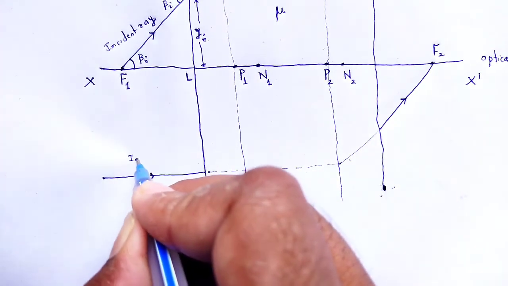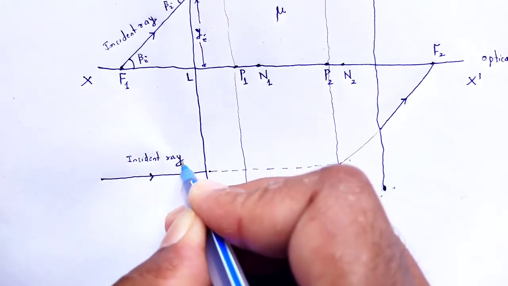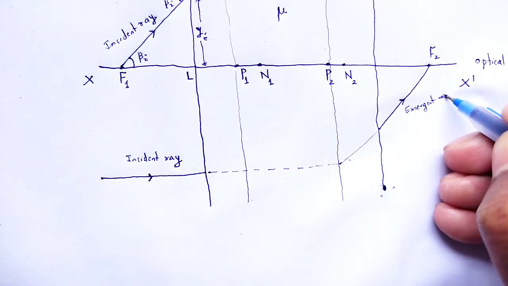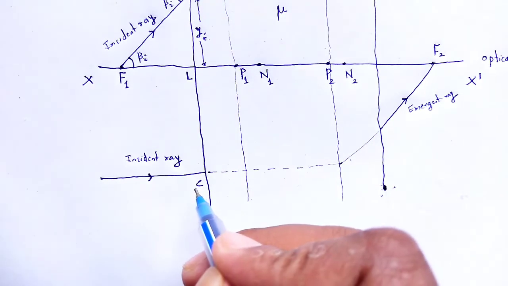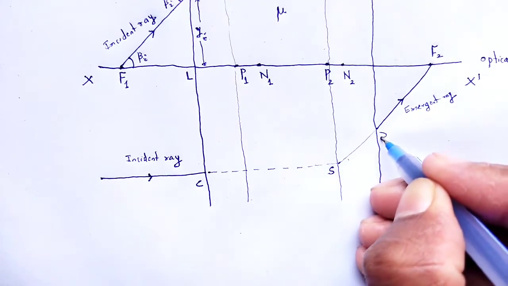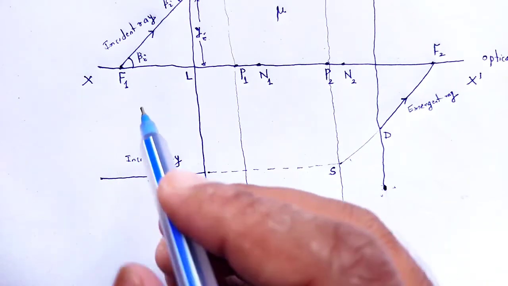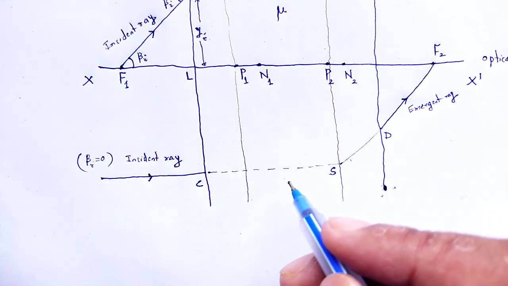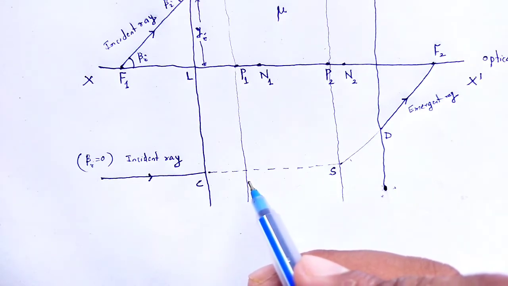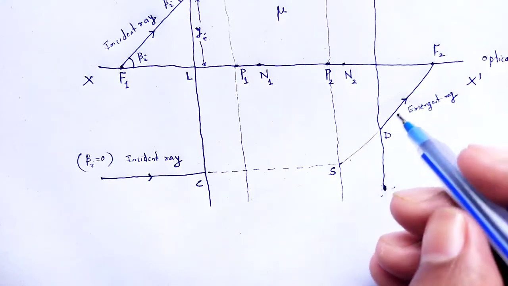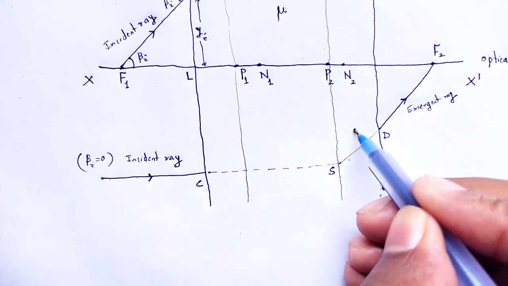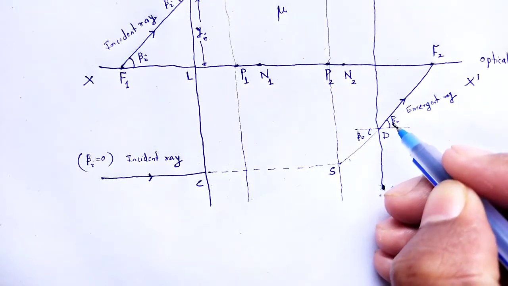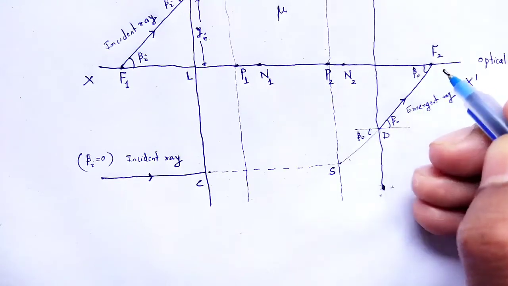Here is the incident ray, and that is the emergent ray, at points C, S, D. So here the angle subtended, beta I, is equal to 0, and here the angle beta O, beta output, is the same.